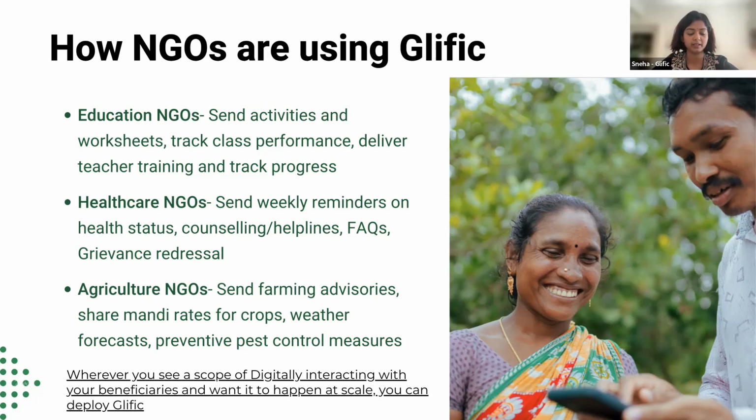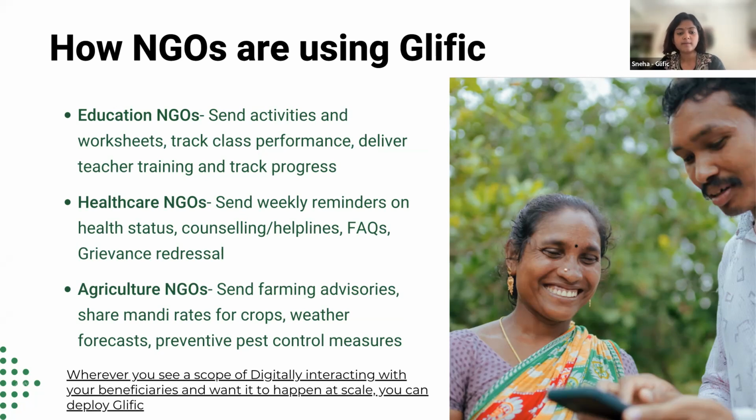They work on NCDs, non-communicable diseases, and they did a pilot last year where they sent messages to users every week to see whether, through those messages, they're able to control their diabetes. So that's what you can do.